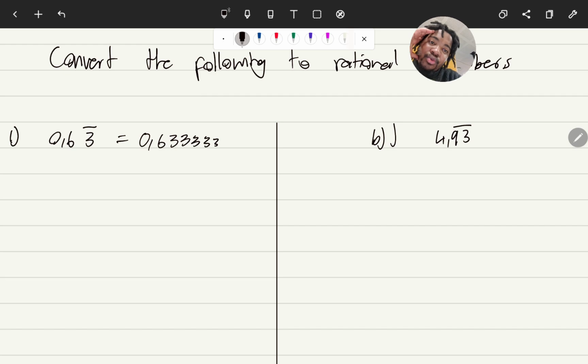If I try to expand it, you have 0.63333. So what is happening? You realize the number that is being repeated here is 3, and look at where it is. So I forgot my dots. Step 1, you define it.